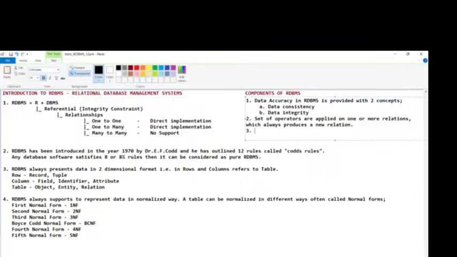What will happen? It always produces a new relation. Connecting with this particular point, we are going to learn two to three topics in our subject, SQL Server.